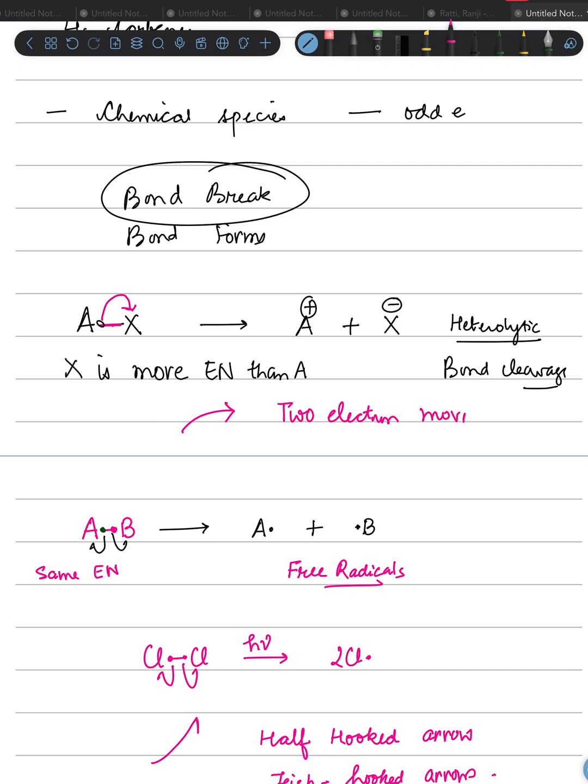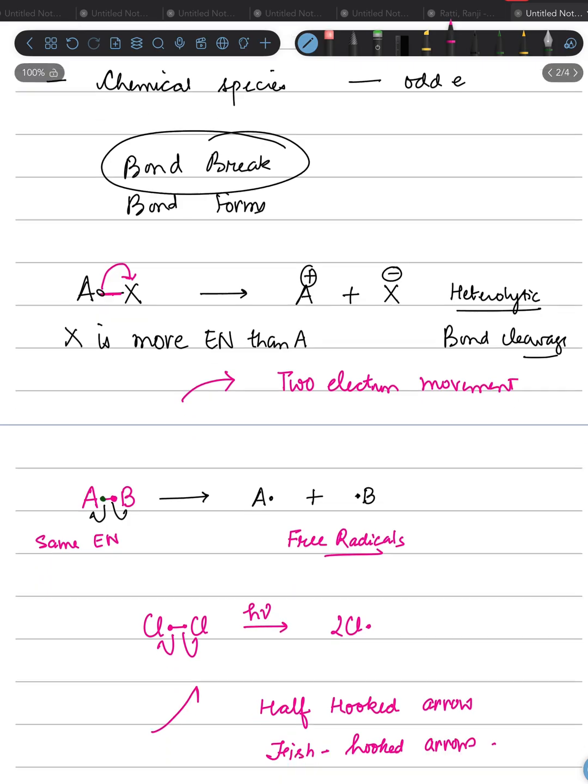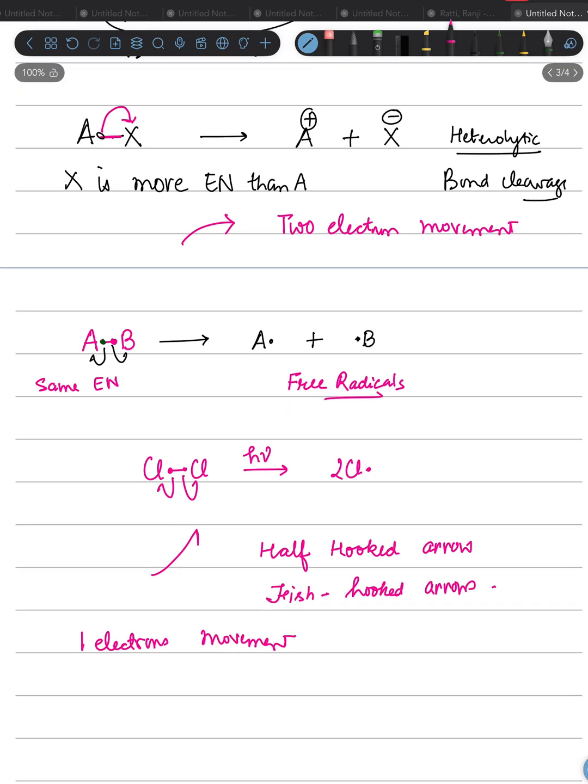Fine. So for free radical reactions or for homolysis, we use the fish-hooked arrow or half-headed arrow. It is very important because if you draw the full arrow, it would be considered incorrect for generating a free radical. Fine.